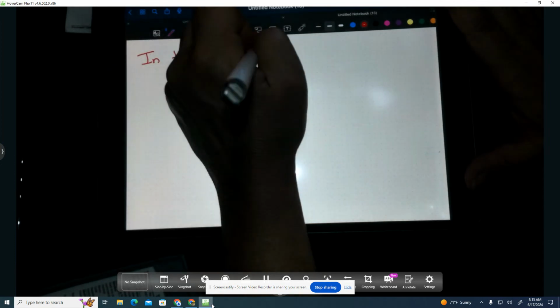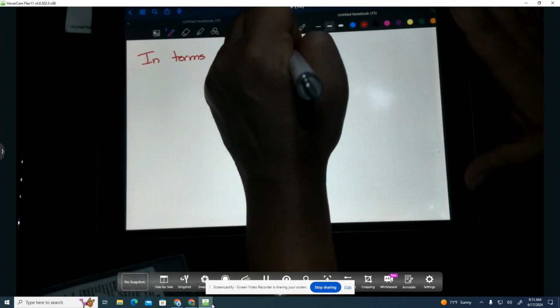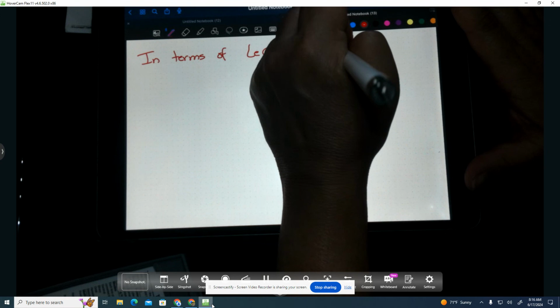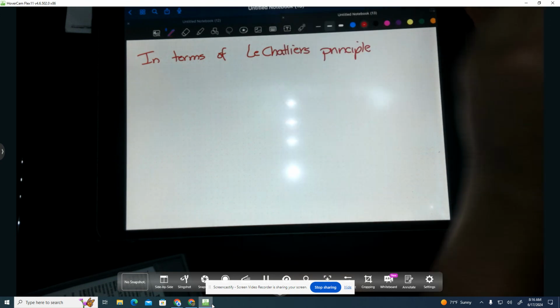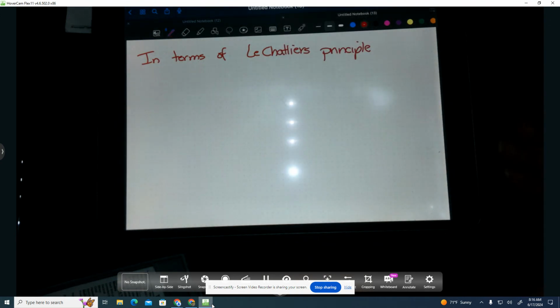In terms of Le Chatelier's principle, if you see something that says that, they want you to say, does it shift to the left or does it shift to the right? That's what they're asking you for.